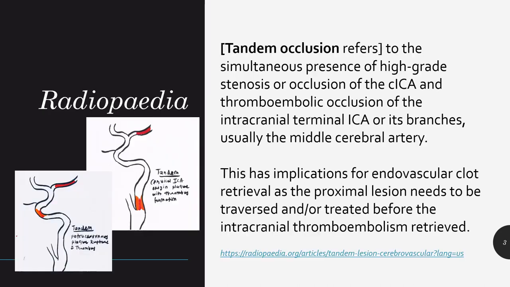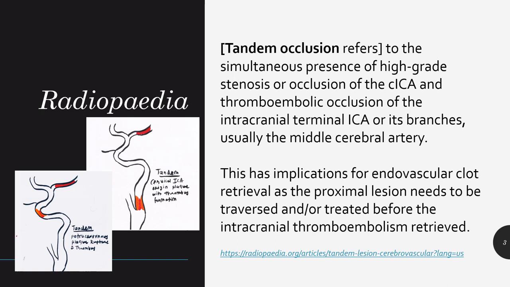So looking at this from Radiopaedia to get a little bit of a better grasp, the tandem occlusion refers to the simultaneous presence of the high-grade stenosis or occlusion of the cervical ICA and thromboembolic occlusion of the intracranial terminal ICA or its branches.